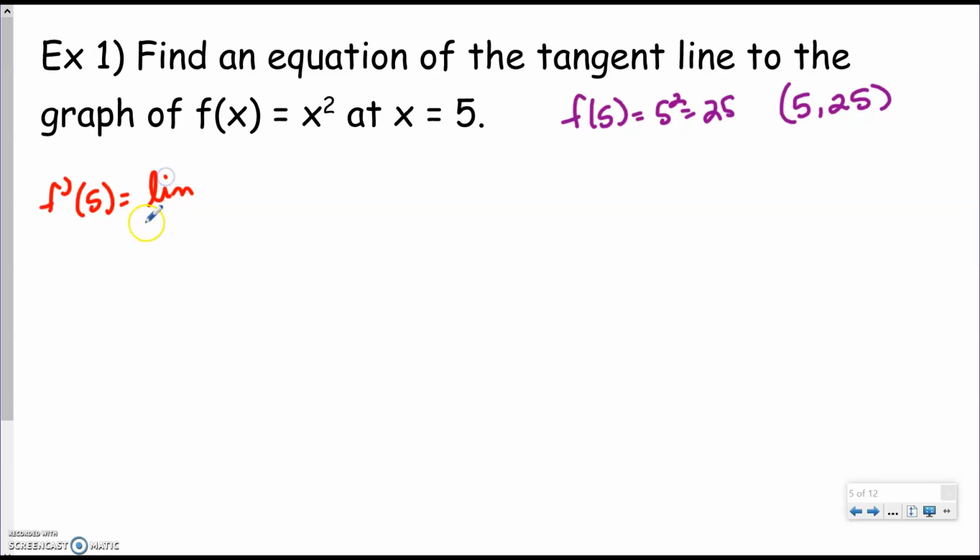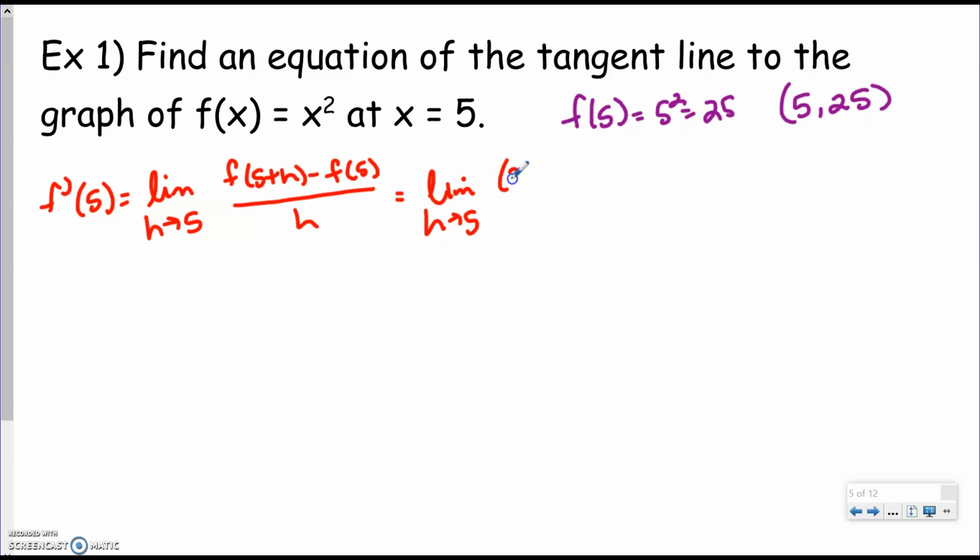So f prime of 5 is the limit as h approaches 0 of f of 5 plus h minus f of 5 over h. When I plug this in, I need to use my algebra to simplify carefully. And a lot of times it'll work out nicely, sometimes it doesn't, but we get f of 5 plus h is 5 plus h squared minus 5 squared over h.